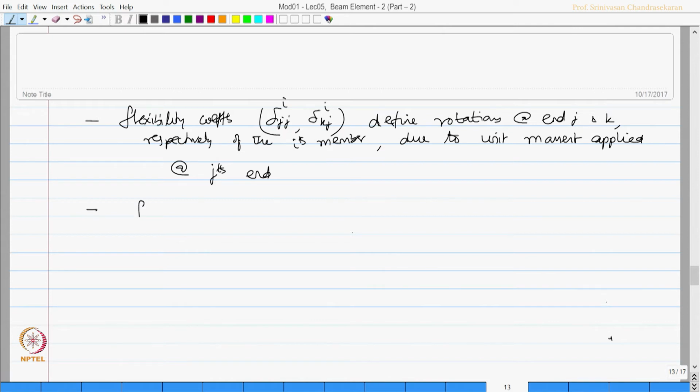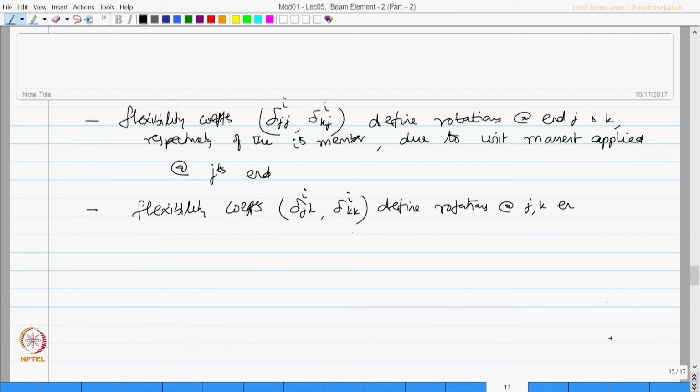Similarly, flexibility coefficients delta Jk and delta Kk define rotations at jth and kth ends of the ith member due to unit moment applied at kth end.